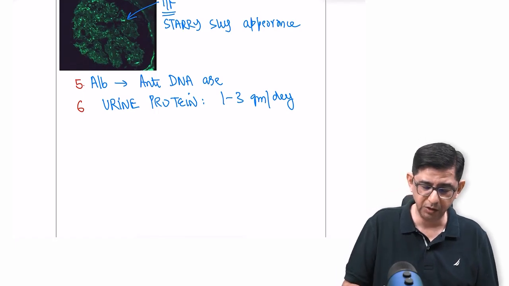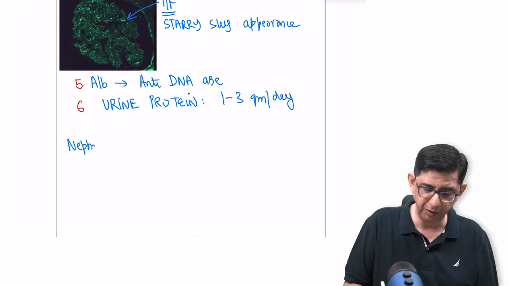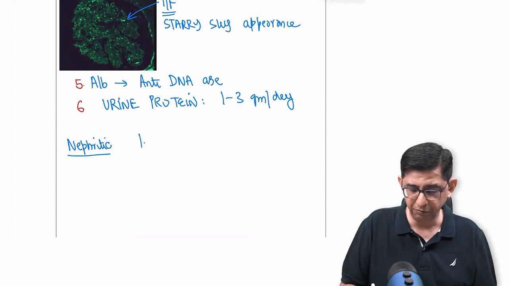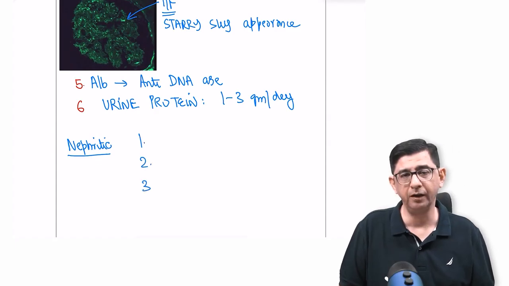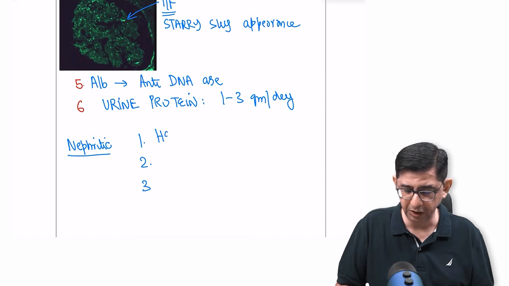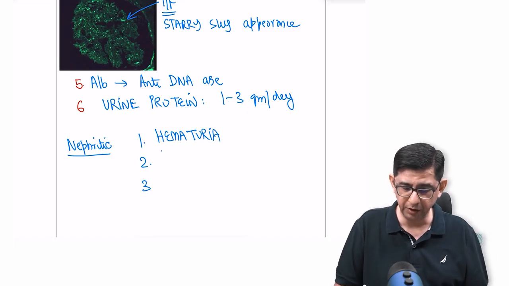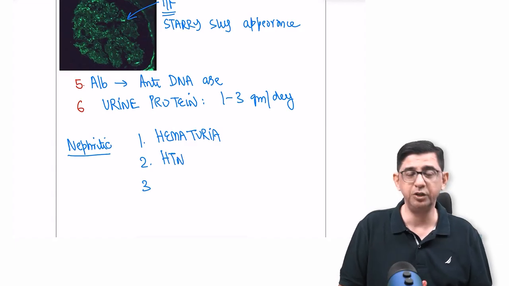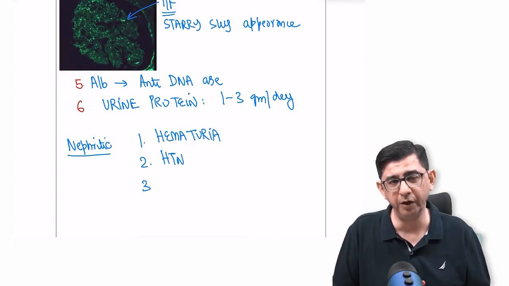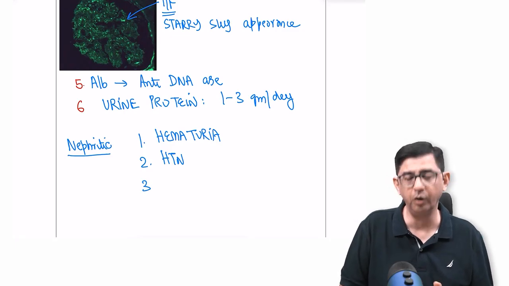So if I just highlight the statements that I made before you, in nephritic syndrome in a patient, you'll be getting the following manifestations. The first and foremost is that there is a change in the physical appearance of the urine, that is hematuria, which can be written as cola colored urine. The second is the development of hypertension, which can be severe enough to contribute to pulmonary edema or other hypertension related complications.